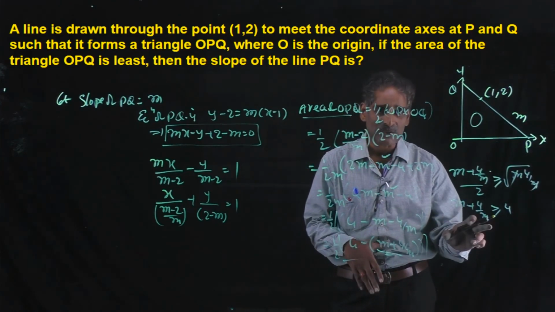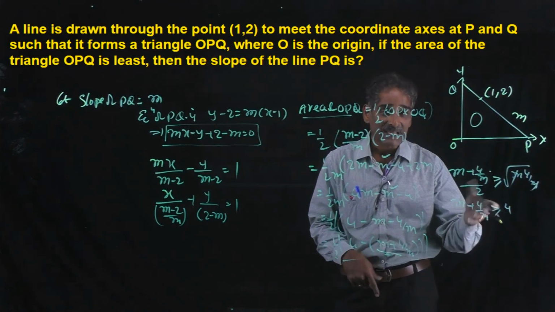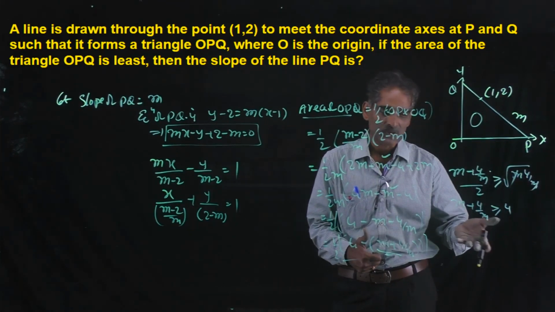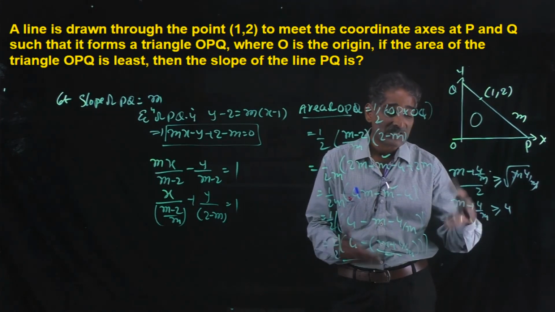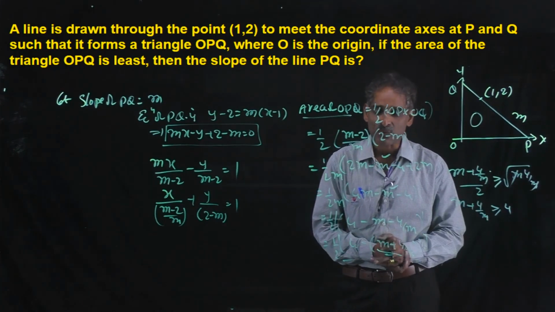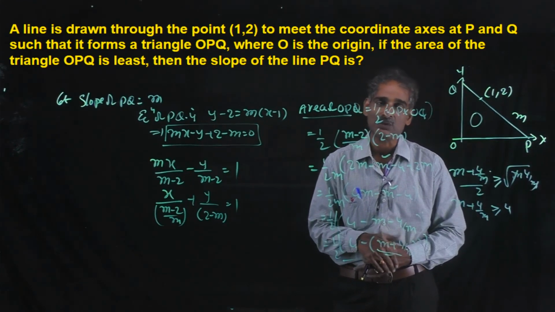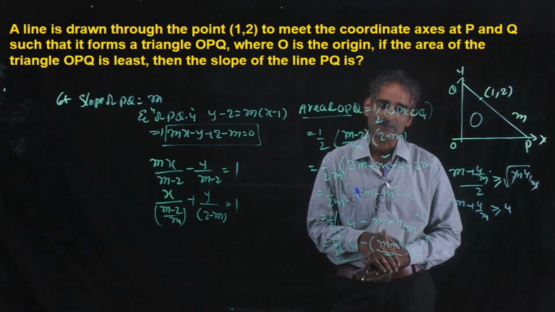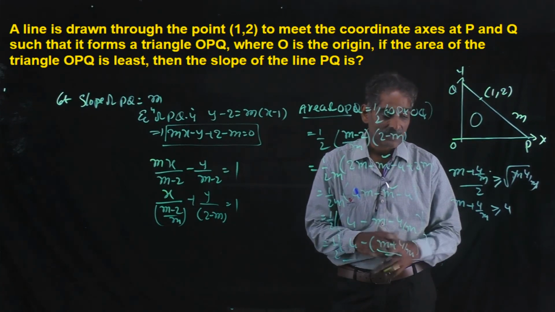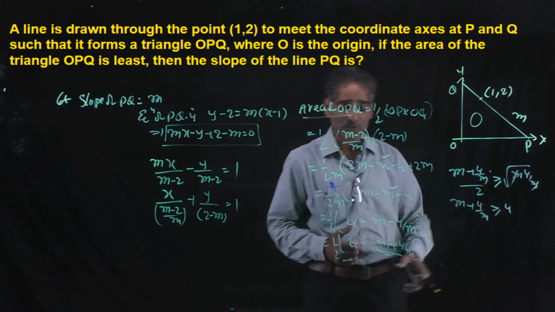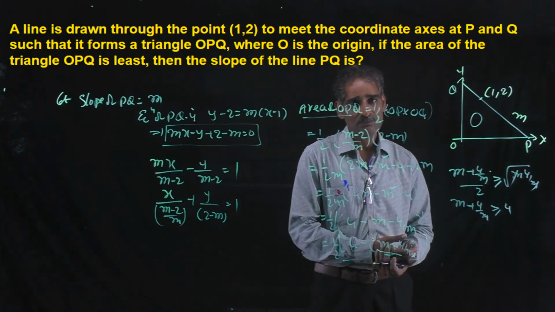If m is negative, then it will become a negative value. In case of that, what is the maximum value? Minus 4, minus minus plus 4, plus 8 by 2, that is equal to 4. Understand? Here the modulus is there. From the positive value point of view, the area is 0.